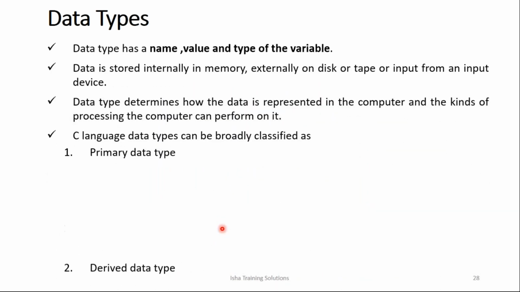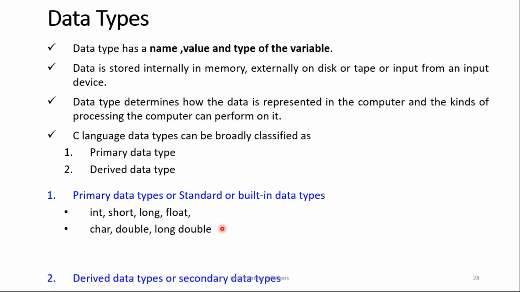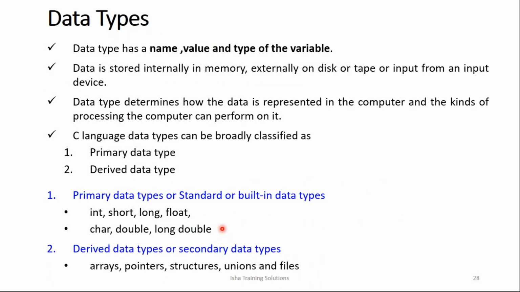A data type has a name. For example, int a. Here, a is the variable, which is simply the name. And that particular variable will have some sort of value.